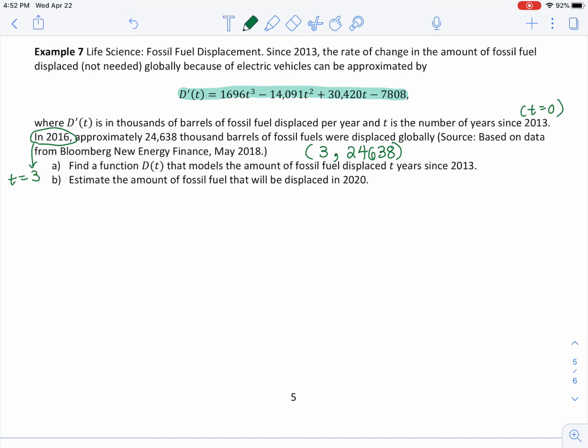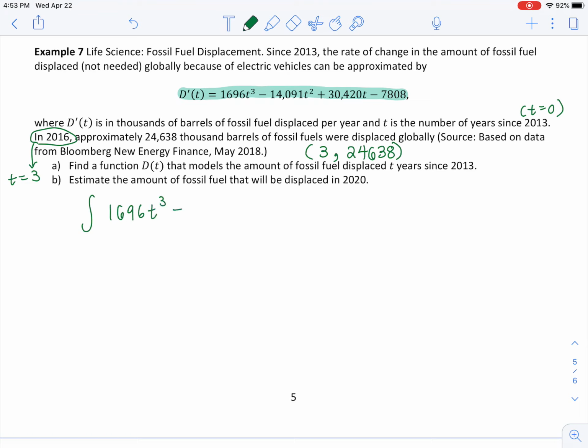So what they want you to do here. Now, I'm going to go ahead and take notes. I got the initial condition to be (3, 24,638). That's the initial condition that we're going to plug in to find the constant of integration later, but we're going to have to first integrate that d prime of t.